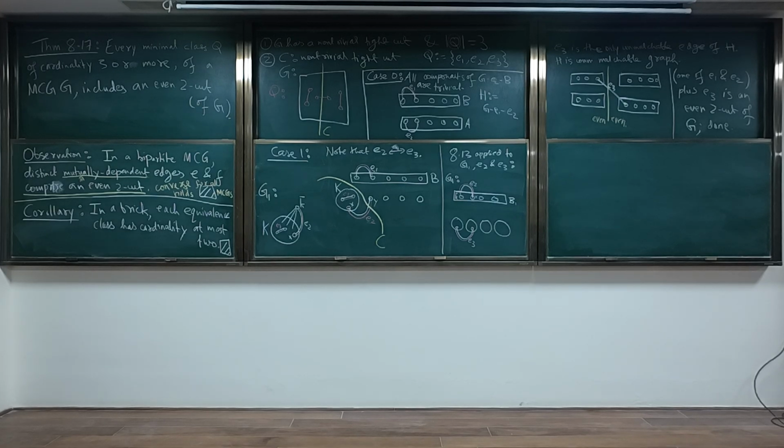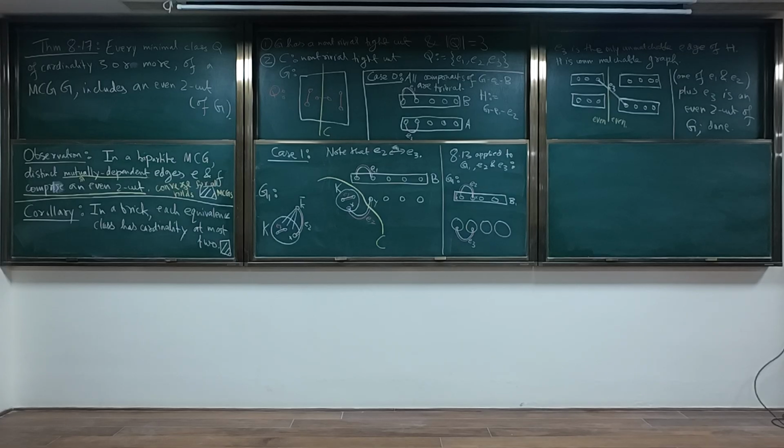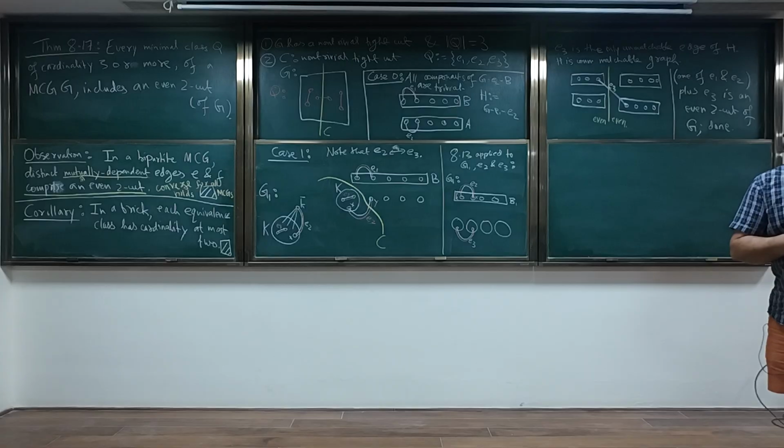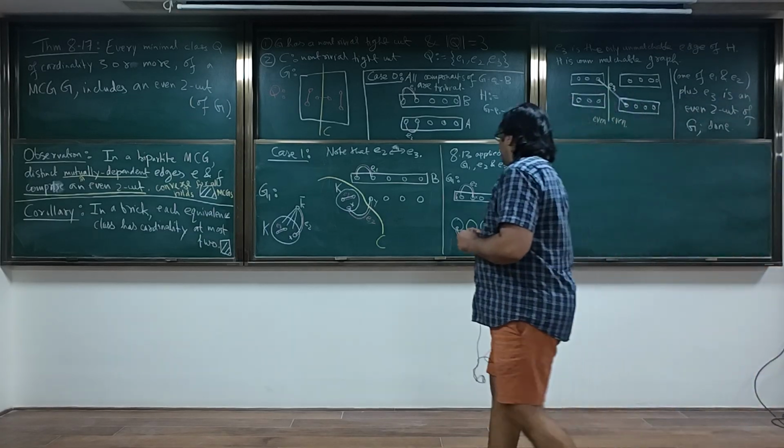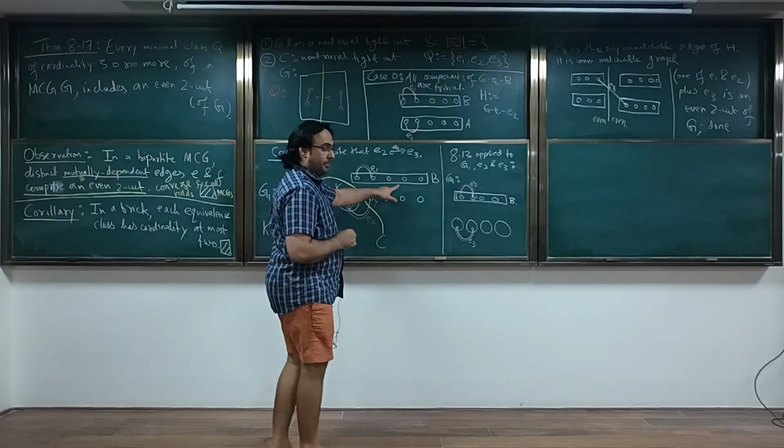So here, can we choose B to be maximum? Can we? Yes, I think we can. Then K bar does not belong to any nontrivial barrier in the graph G1. You want to choose B to be maximal.